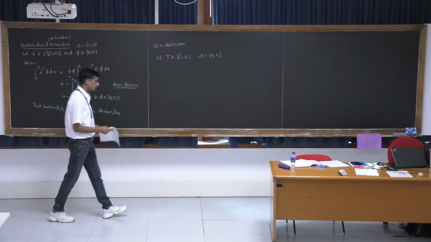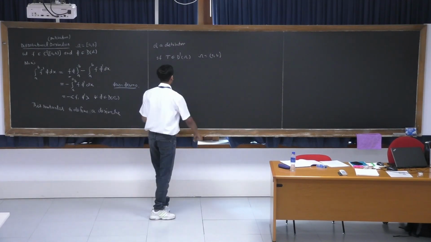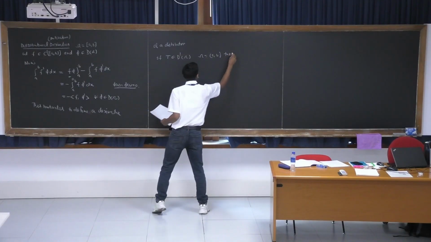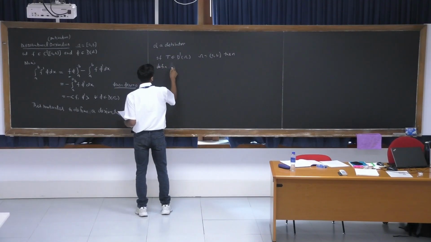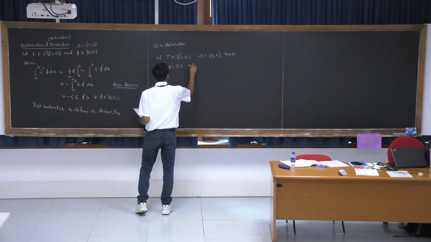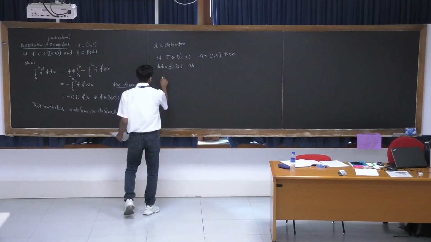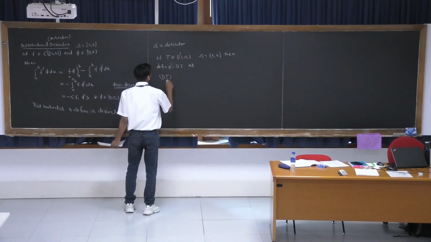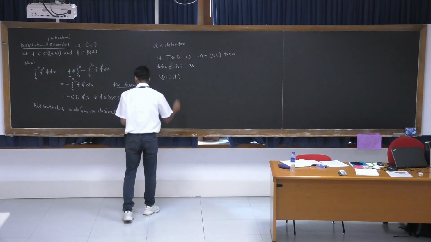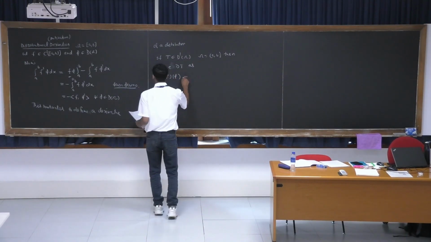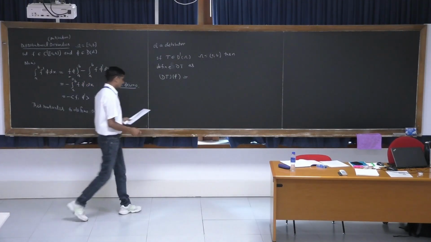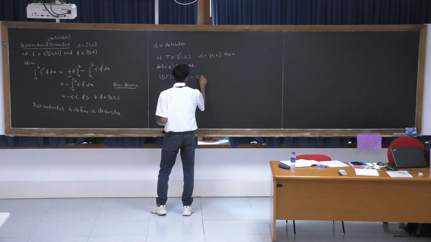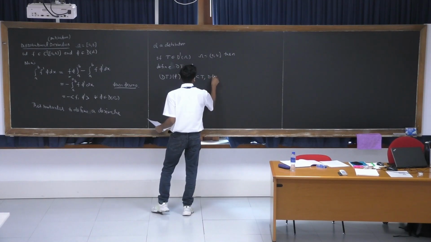If it is closed or open, there is no problem. Then define DT as the action of DT over the function phi. Applying this, this is equal to minus T of D of phi.